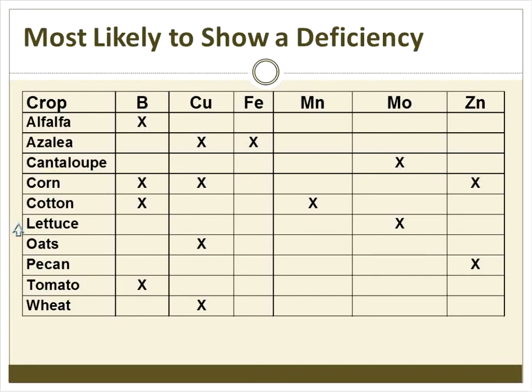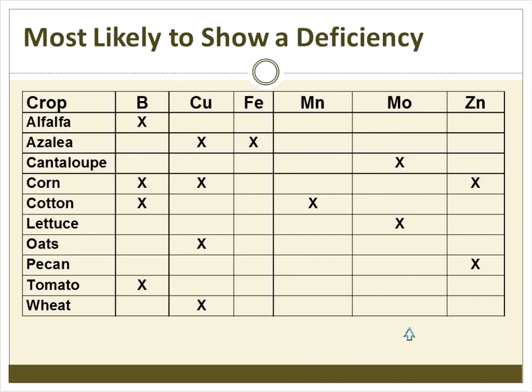Here we have boron looking up this way. Alfalfa, corn, and cotton may show boron deficiencies, but lettuce, oats, and pecans don't. Whereas you may have zinc deficiency in pecans and corn, you don't have a molybdenum deficiency in pecans and corn. All right.